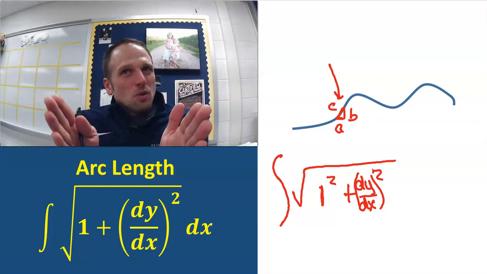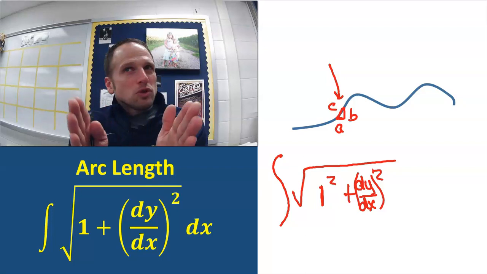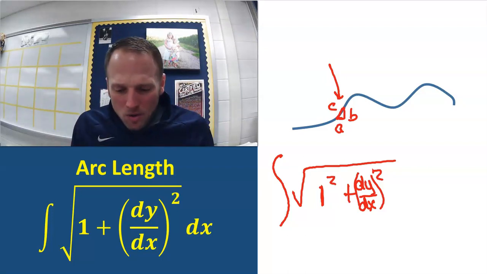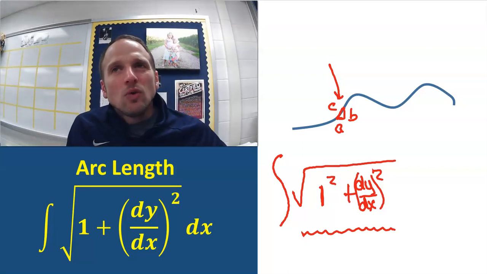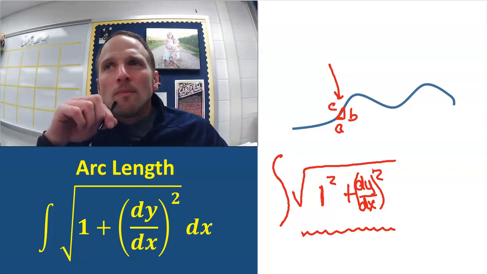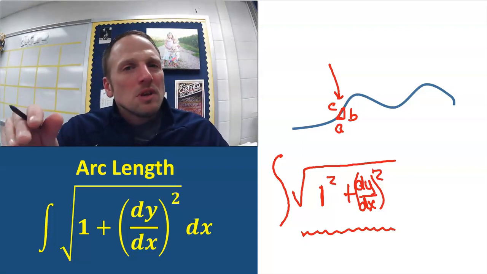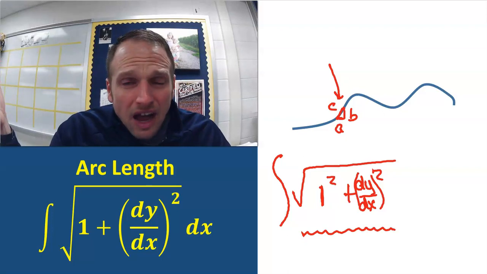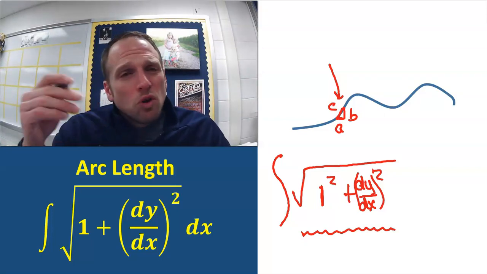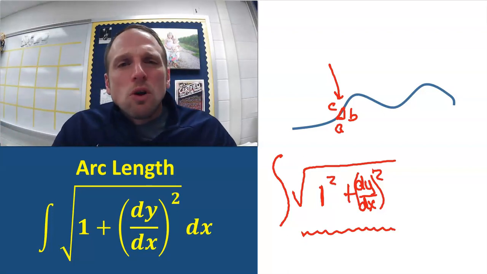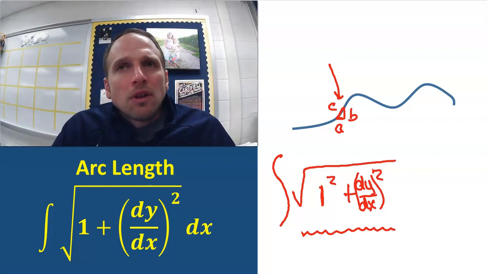So if we're going to add all those up, we want to add the small ones, so we need to somehow make this unit right there, whatever that value is, smaller. So we need to multiply it by something that's small, right? Because if you multiply 5 by 0.3, that's going to get smaller. If we multiply by 0.1, it's going to get much smaller. If we multiply 5 by 0.01, that's going to get much smaller.